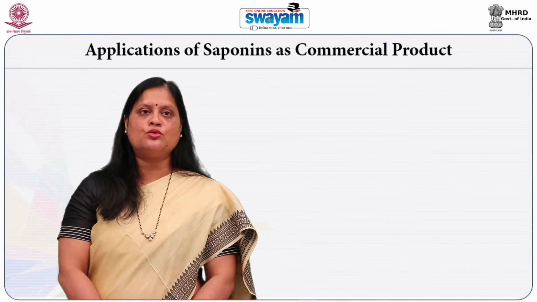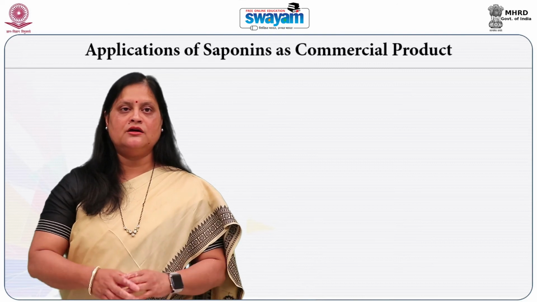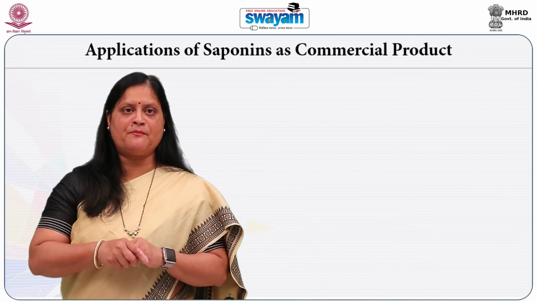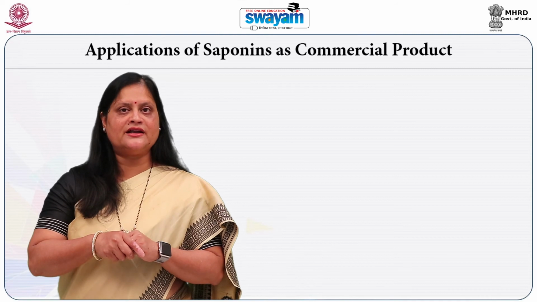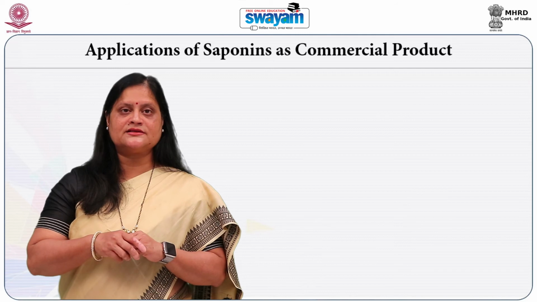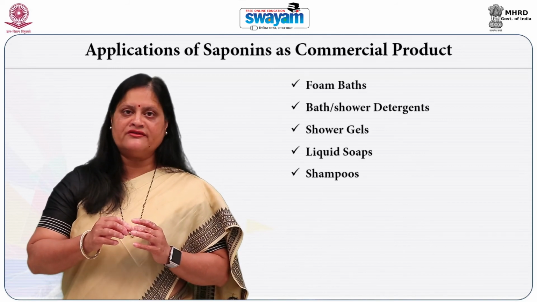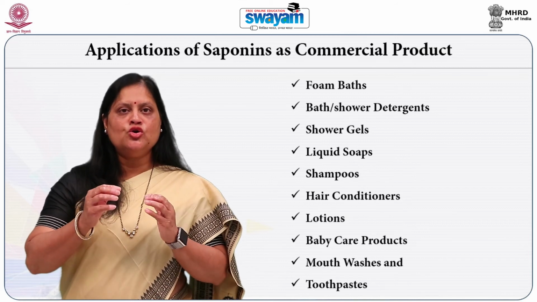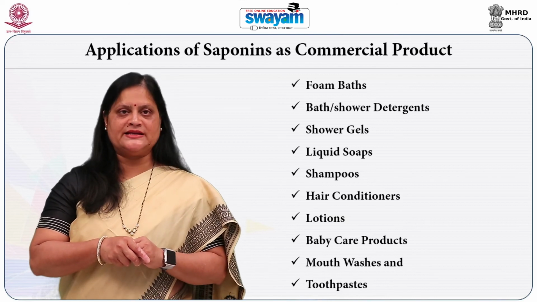Let us now find out the application of saponins as commercial products. Natural surfactants. Because of their surface active properties, saponins are used as natural surfactants in cleaning products and in personal care sectors such as foam bath, bath and shower detergents, shower gel, liquid soap, shampoo, hair conditioner, lotions, baby care products, mouthwash and toothpaste.